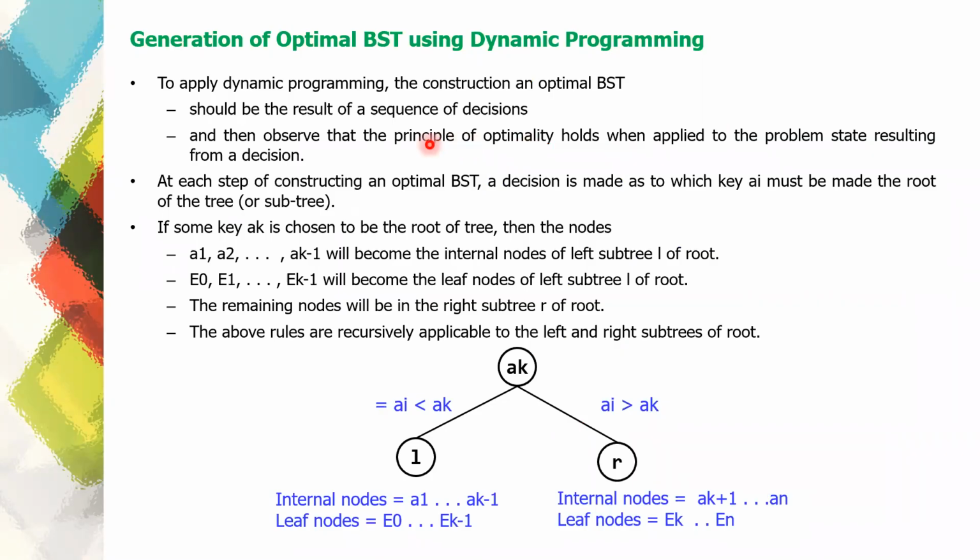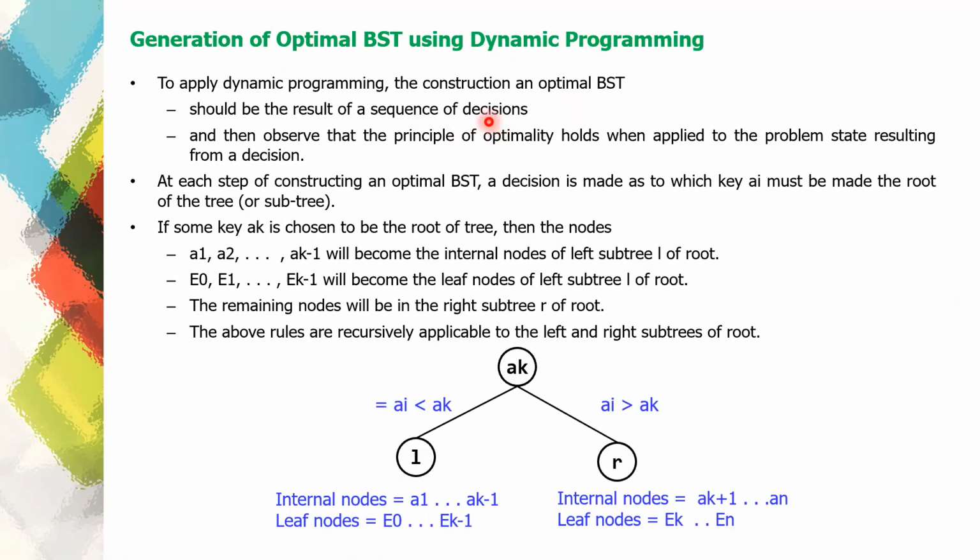The criteria is like this. This criteria is generic for all the problems of dynamic programming. If you want to use dynamic programming for solving a problem, then this problem must have a solution which is the result of a sequence of decisions. So this given problem of constructing an optimal BST should be solved by taking a sequence of decisions.